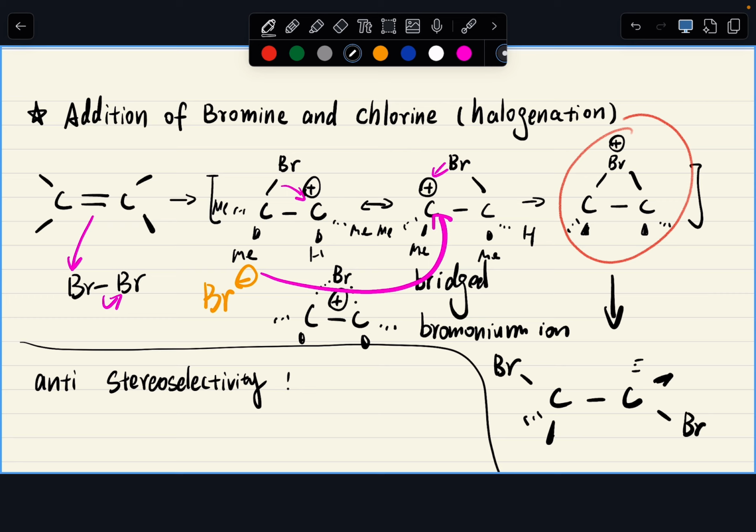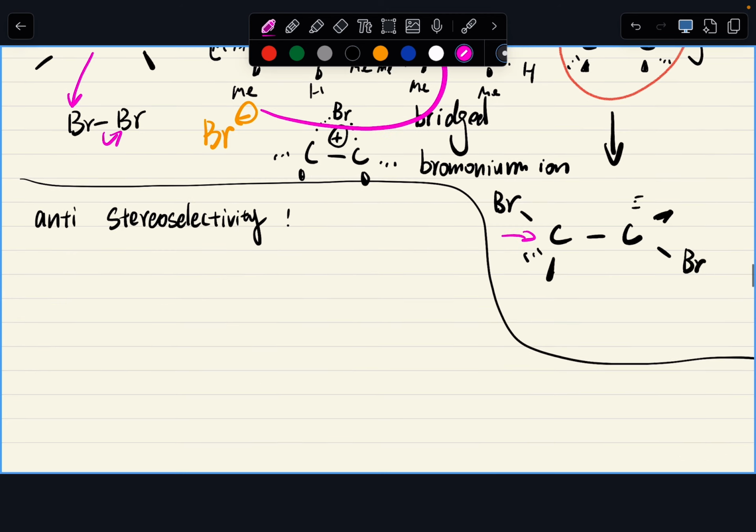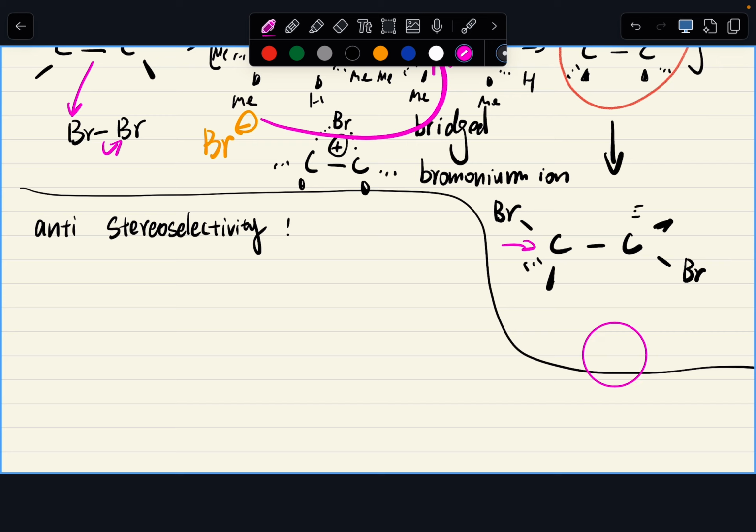Or if we put it onto a Newman projection, looking through this carbon-carbon center bond, it means my bromine groups will be anti to each other. All right.